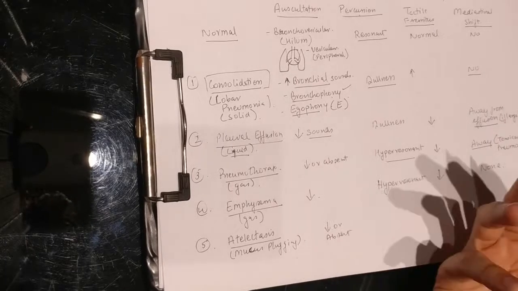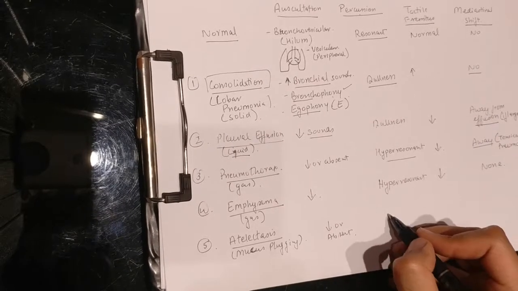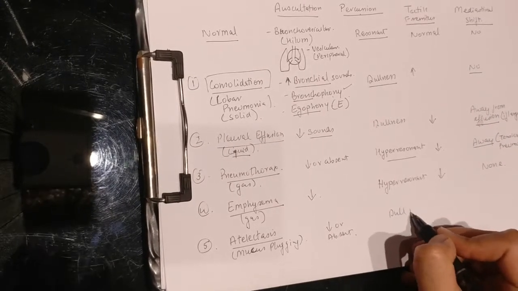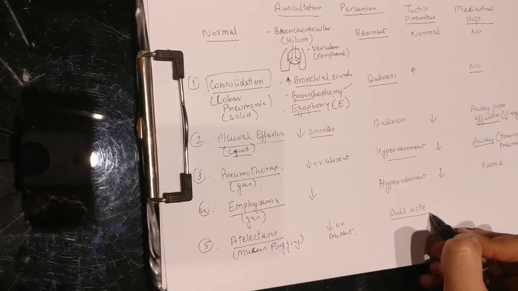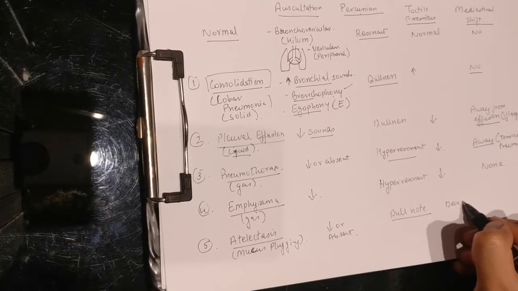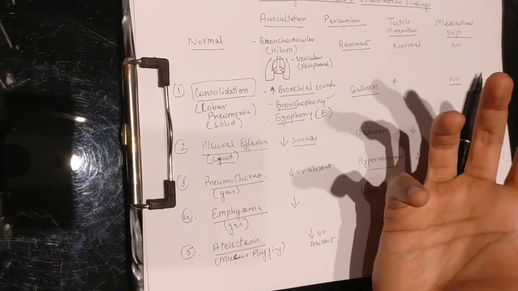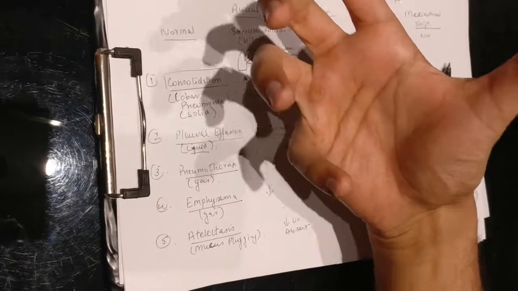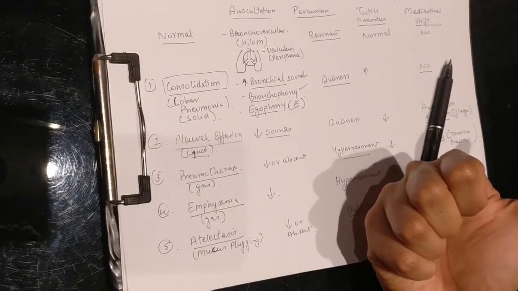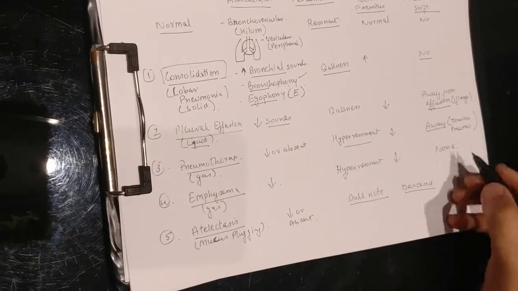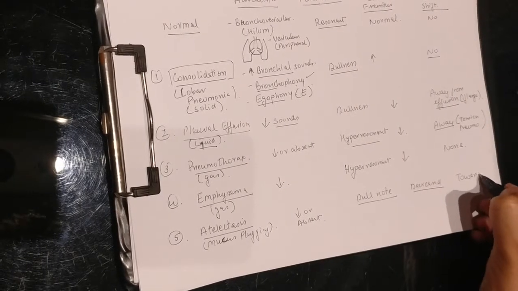You won't hear the lung if it's not there. The percussion, we'll hear a dull note. Dullness would be there. The tactile fremitus would be decreased. And because the lung has literally collapsed on itself, it pulls the mediastinum to its side. So the mediastinal shift would be towards the affected side.